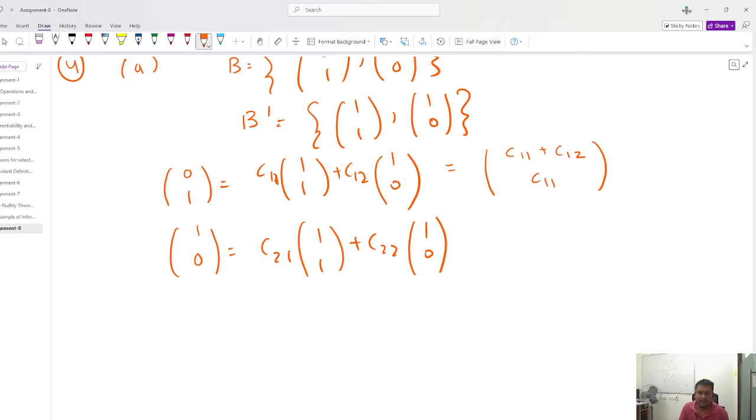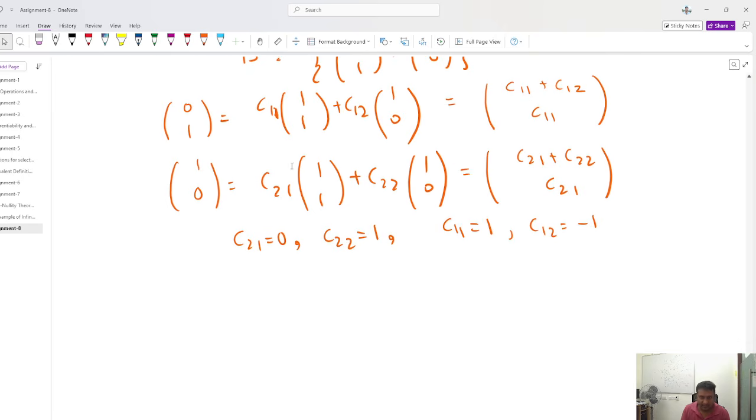And this is C21 plus C22, and this is C21. So C21 is 0, then C22 has to be 1, and here C11 is 1, then C12 has to be minus 1, right?